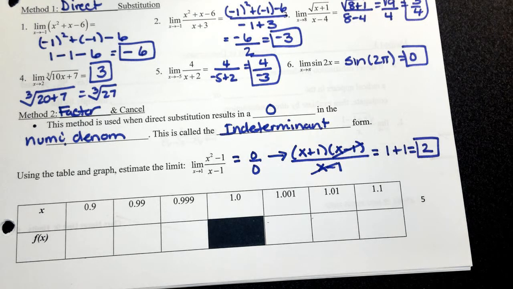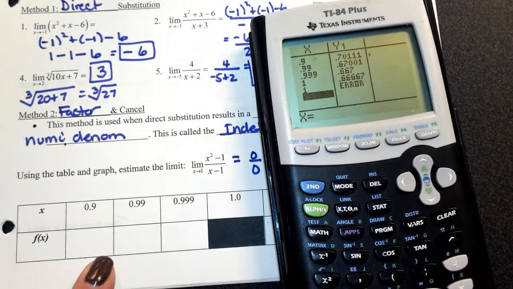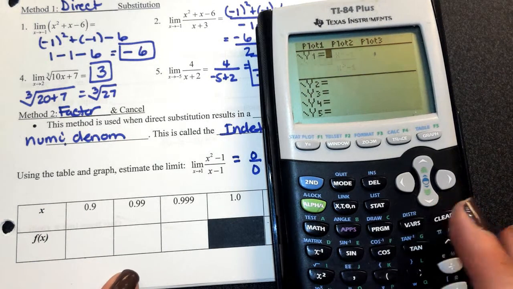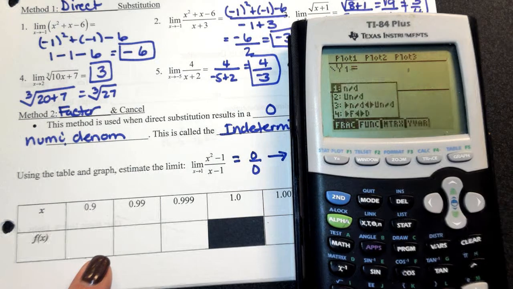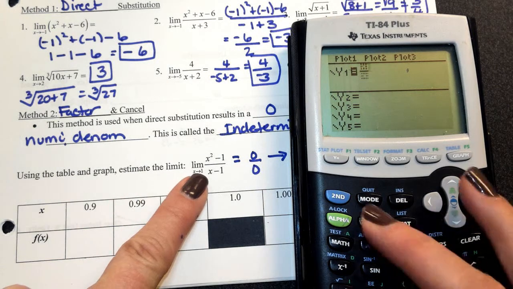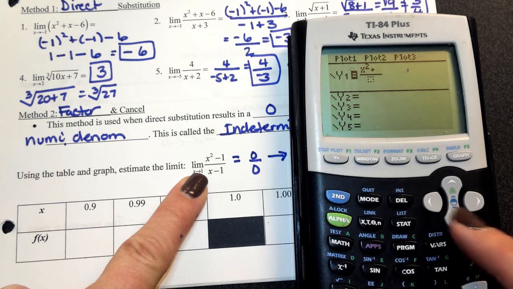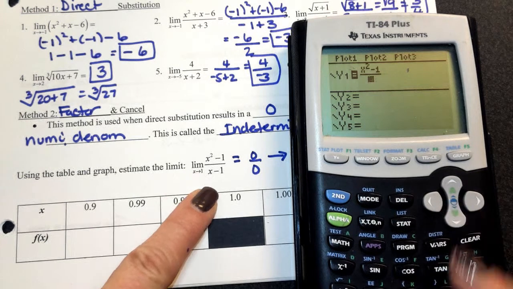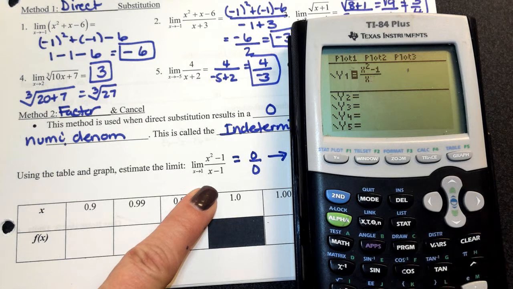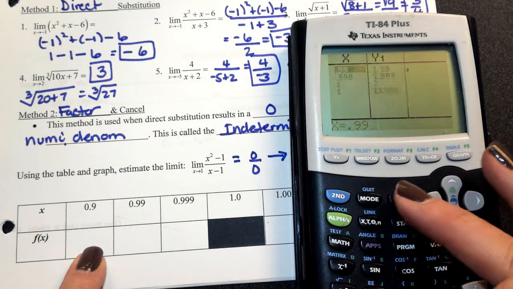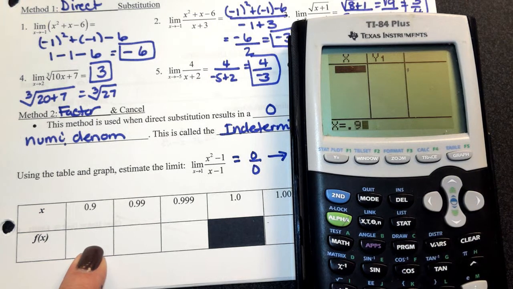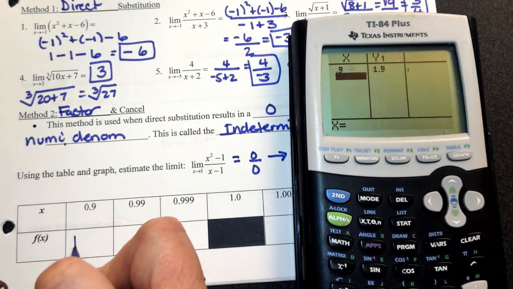All right? So now let's take a look at what's happening with the limit from the table. Again, I'll go to my y equals, and I'm going to type in my function, x squared minus 1 over x minus 1. When I type in 0.9, that gives me 1.9.